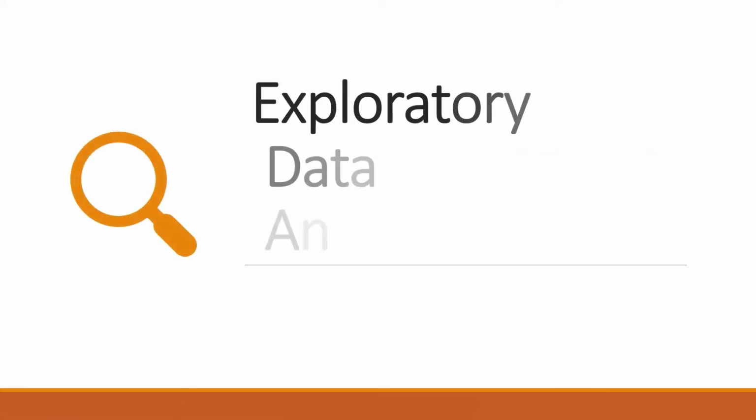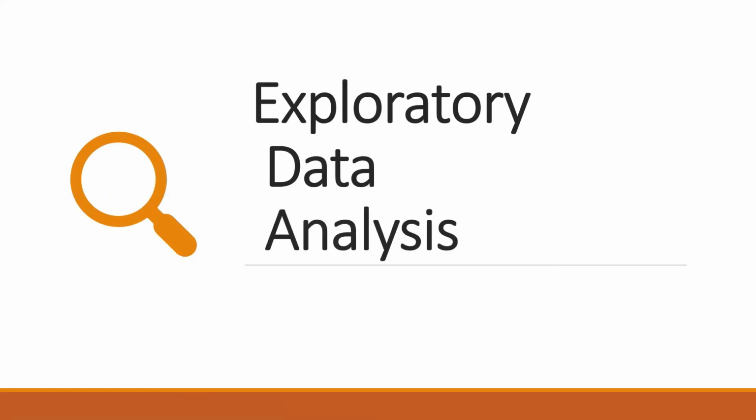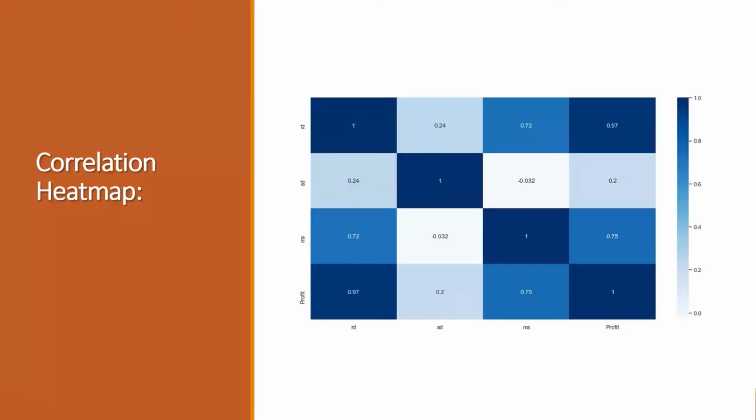Going further, I will discuss exploratory data analysis and what it means. I think I have previously said that we do mathematical analysis in exploratory data analysis. Here, this is a correlation heat map, showing how attributes are related to one another.